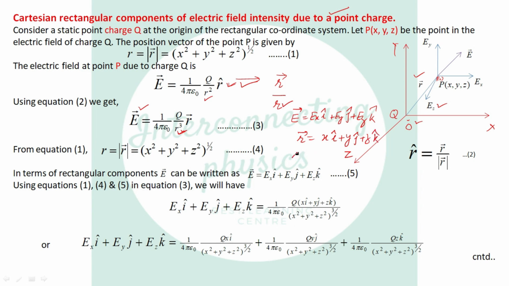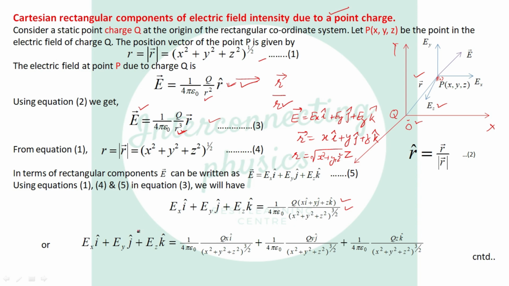And the modulus is written as R equal to x square plus y square plus z square under root. So substitute all these values in this equation number 3. So we will get 1 over 4 pi epsilon naught Q x i cap plus y j cap plus z k cap divided by x square plus y square plus z square raised to power 3 by 2.